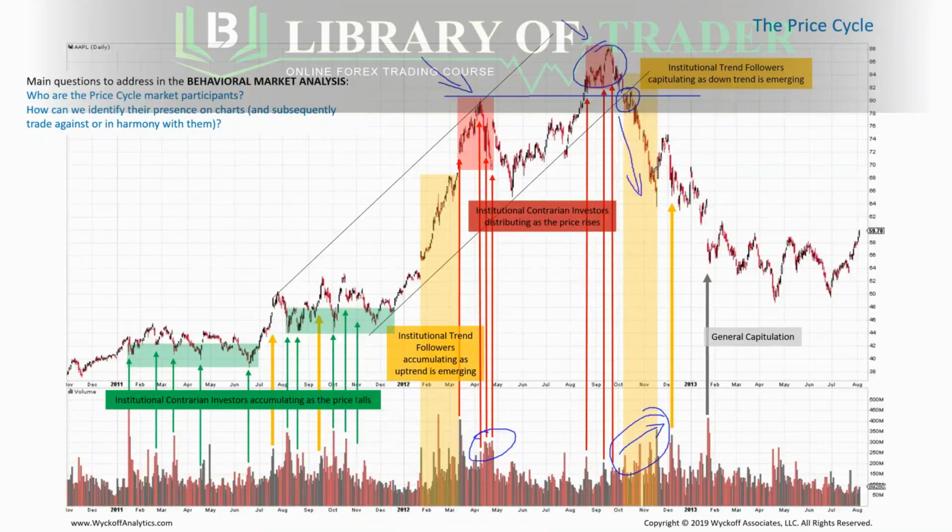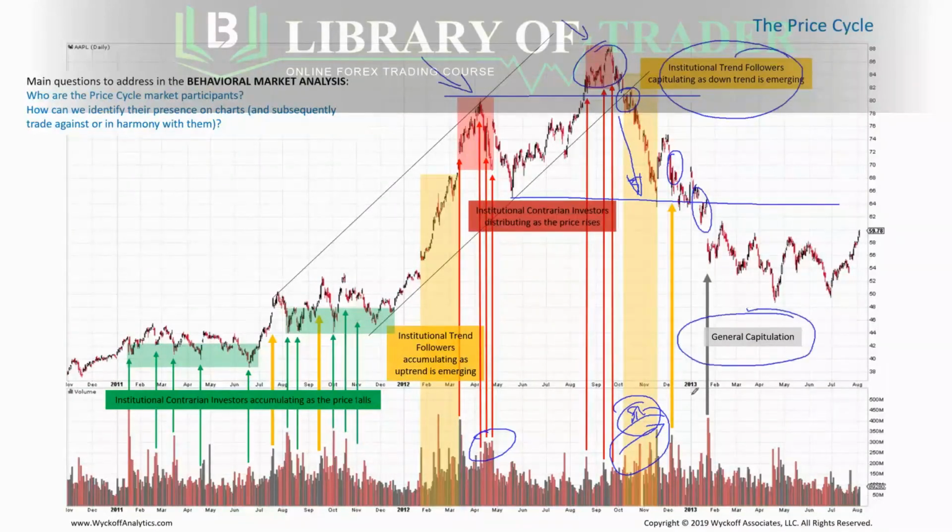And here we see that the price quickly goes down, creates a low, slightly lower, and that happens on the increased supply signature. So we know that the trend followers are giving up their positions. They're giving up positions later again, and then we have a general capitulation.